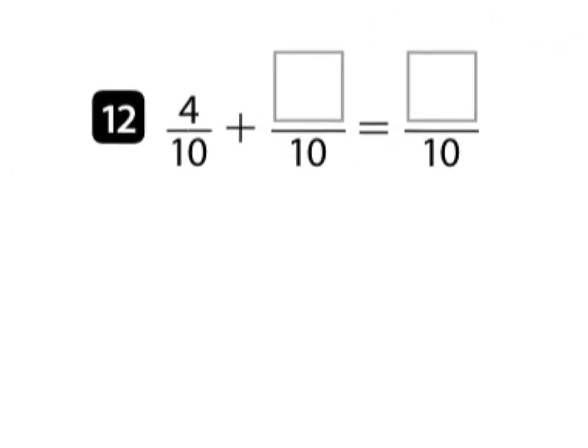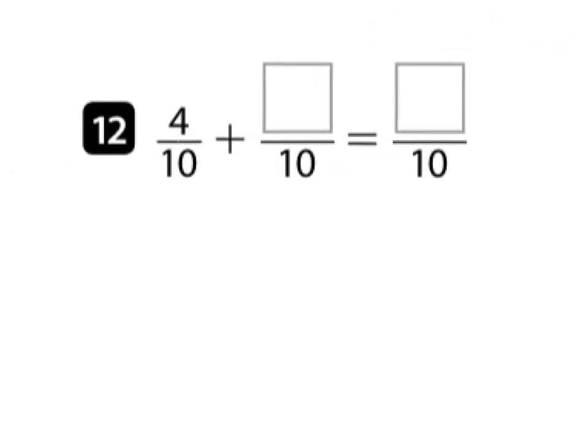And number 12. 4 tenths plus blank tenths equals 10 tenths. On this one, I'm going to choose 6 for my numerator. Denominators stay the same. 10, 10, and 10. Numerators: 4 plus 6 equals 10. And when you have the same numerator as your denominator, 10 over 10, that will always equal 1 whole.